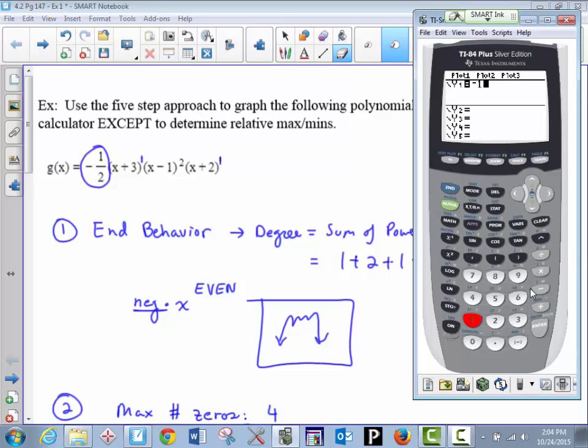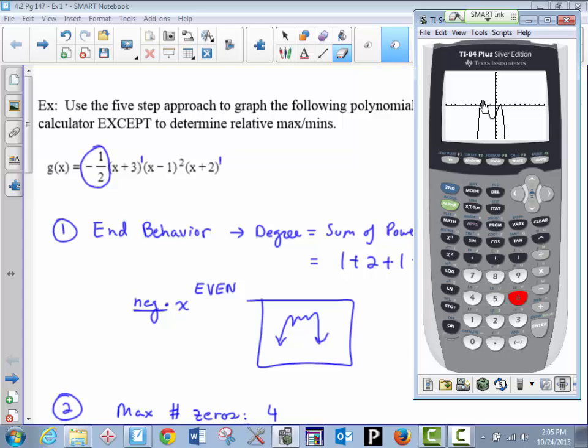So negative 1 divided by 2, and then parentheses, x plus 3, close parentheses, open parentheses, x minus 1, close parentheses, raised to the second, and then open parentheses, x plus 2, and then close parentheses. So type it in exactly as it's written. Go ahead and let's do zoom standard, see if this will work. If it won't, we can adjust it. It looks like that works just fine.